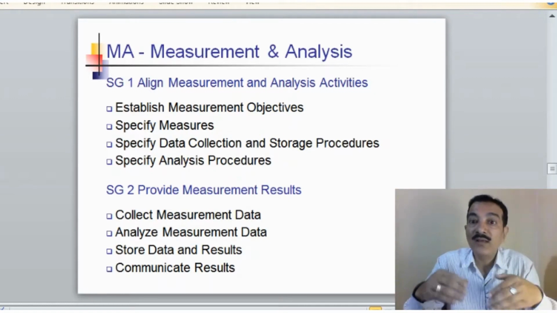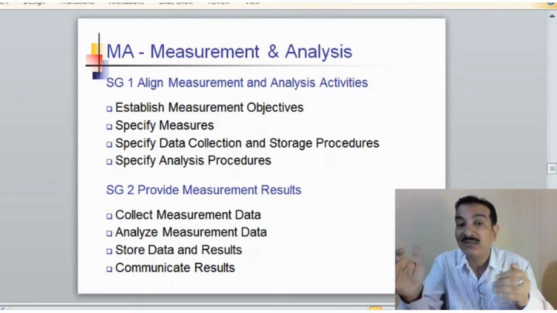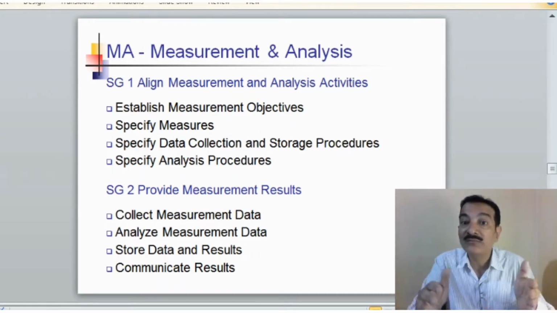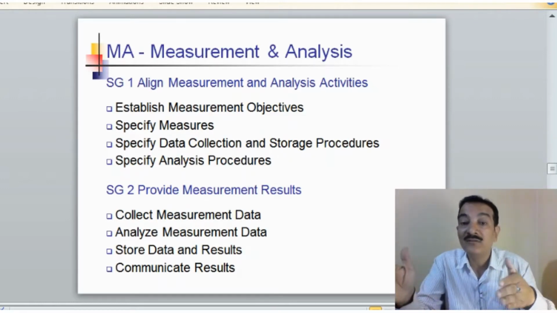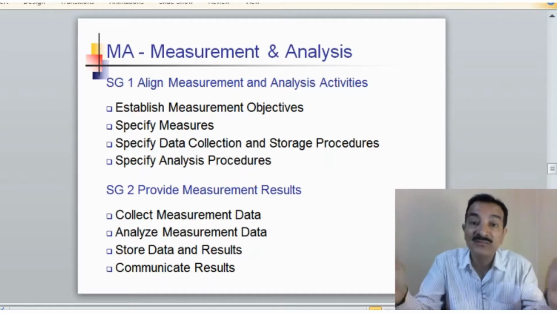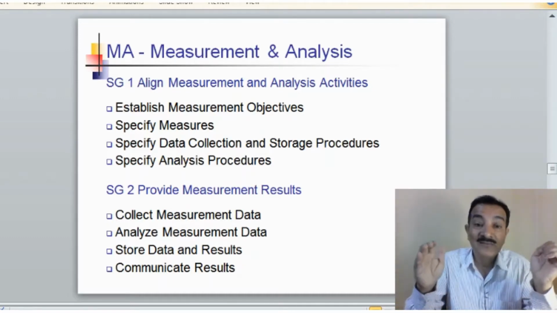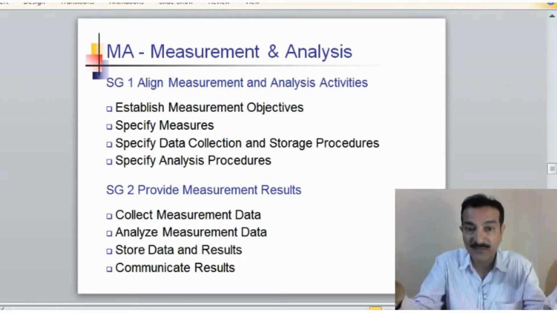You will identify what the company wants to actually measure. Whether they want to measure the efforts, how much cost escalation is happening, what the deviations are, etc. So variance analysis. So all this, you will establish the measurement objectives, what you want to measure.